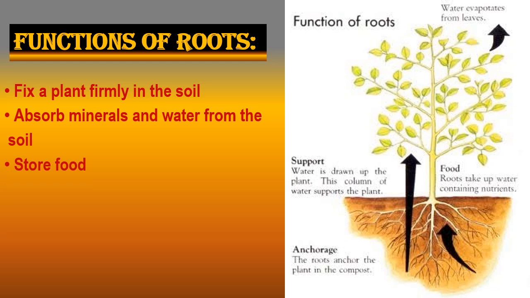Roots store food. There are many plants that store their food in their roots. Examples of such plants are carrots, potatoes, sweet potatoes, turnip, radish, all of the fruits or vegetables that grow underground are examples of plants which store their food in their roots.